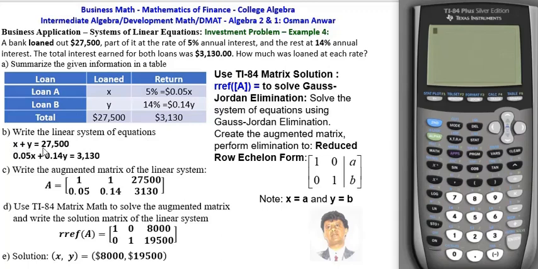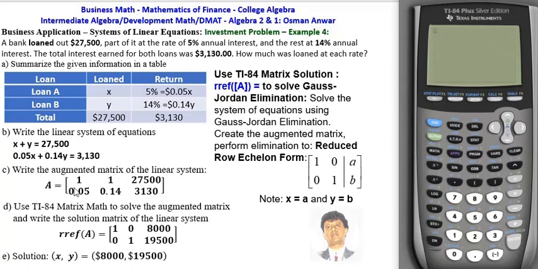x plus y is 27,500. 0.05x plus 0.14y is 3,130. Then we're going to take this linear system of equations and translate that into an augmented matrix, which is x plus y is 27,500, then 0.05x plus 0.14y is 3,130.